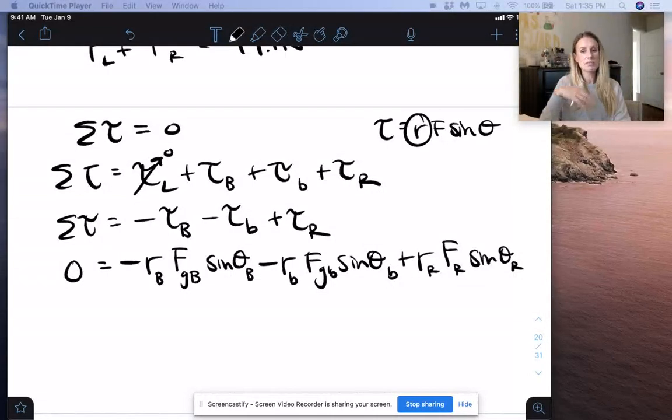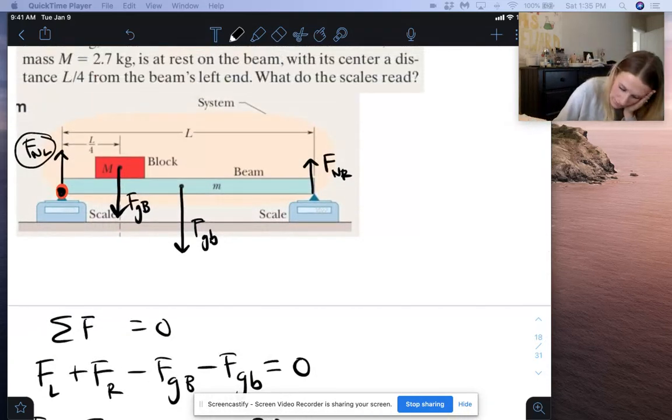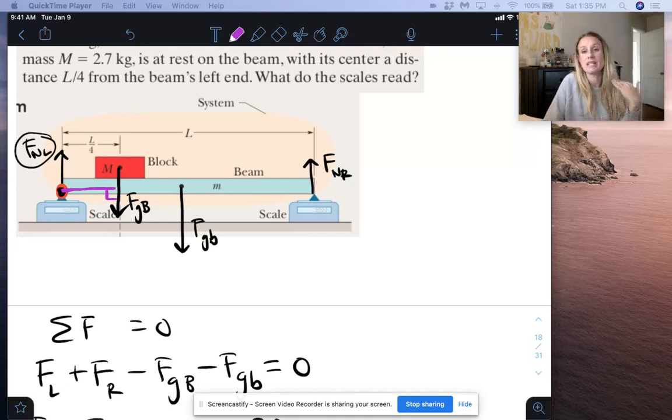Now let's talk about those moment arms and the angles. If we look at these angles here, the moment arm for, say, the block right here, is going to be that distance right here. Now the angle between that moment arm r and the force is going to be 90 degrees. And that's going to be true for all of these, right?